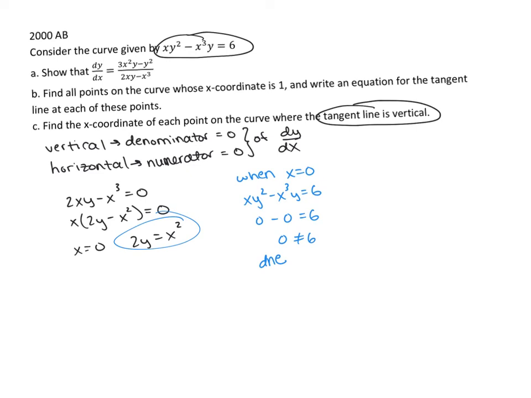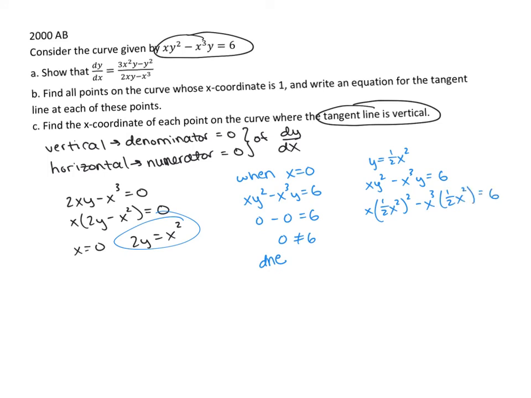So if I have 2y equals x squared, I am going to write this as y equals 1/2 x squared. And if I do the same thing here, plugging in 1/2 x squared for y. So I have (1/2 x squared) squared minus x cubed times 1/2 x squared.